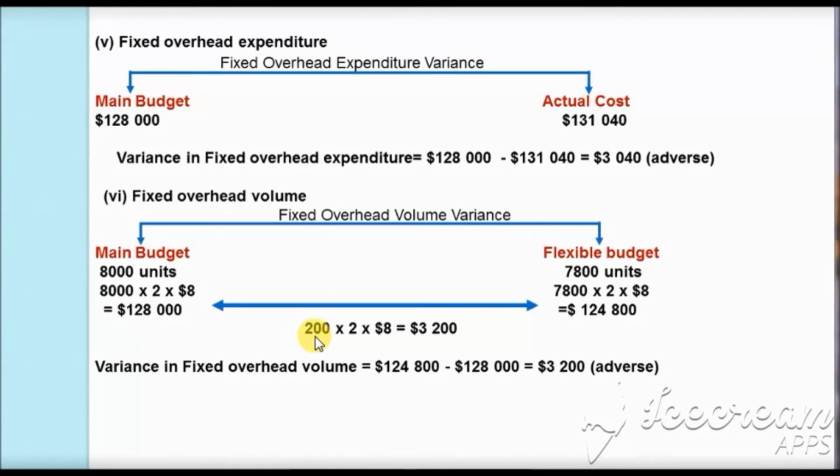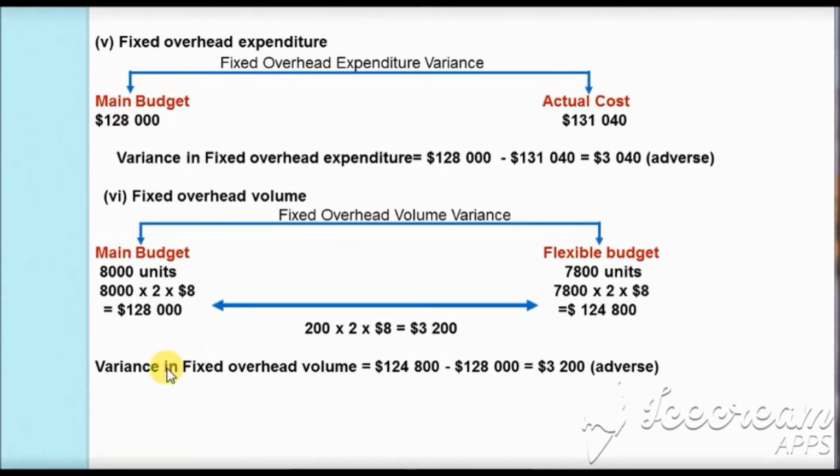And as we have not produced this 200 units, the fixed overhead for this 200 units was not absorbed. That is 200 times 2 times 8, that is $3,200 of fixed overhead was under absorbed or under recovered. And because of this, the overall profit will decrease, and hence it is an adverse variance.